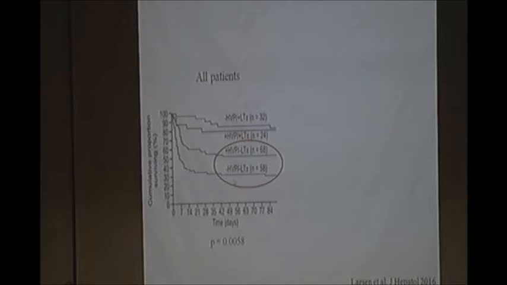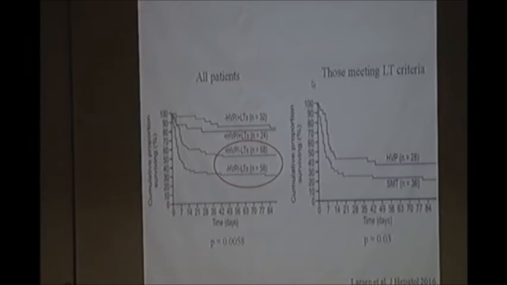In the group not receiving liver transplantation, high volume plasmapheresis led to a better native liver survival as compared to the group which did not receive plasmapheresis, and this difference was significant even in those meeting liver transplant criteria. The numbers are reversed here, but there was a significant difference between the two. So this is the only RCT, and this showed that native liver survival improves with therapeutic plasma exchange as compared to standard medical therapy, provided the volume is something like 9 to 12 liters per session.